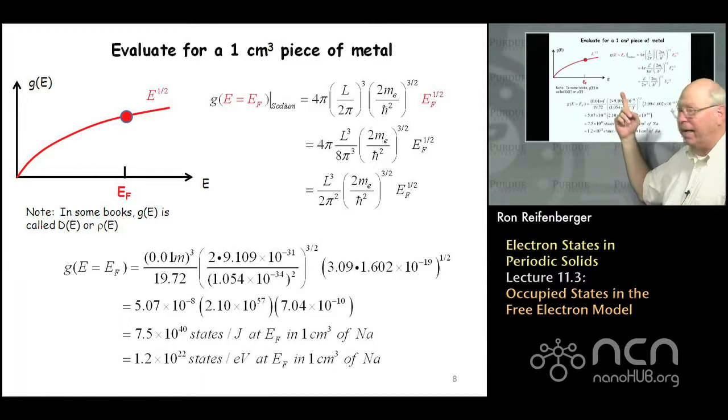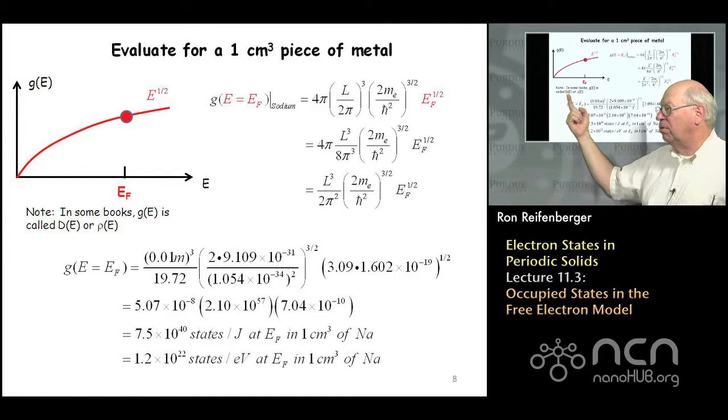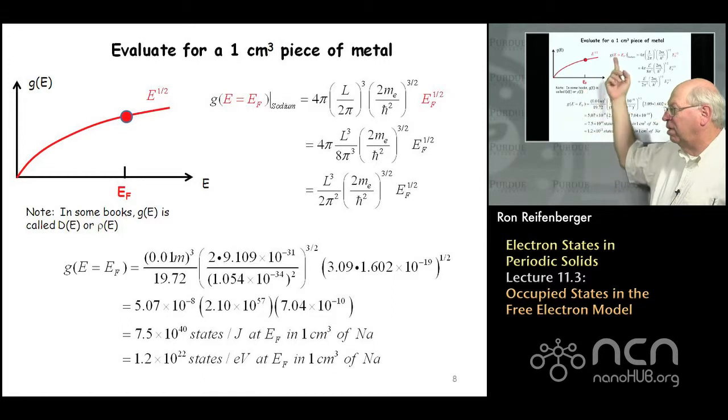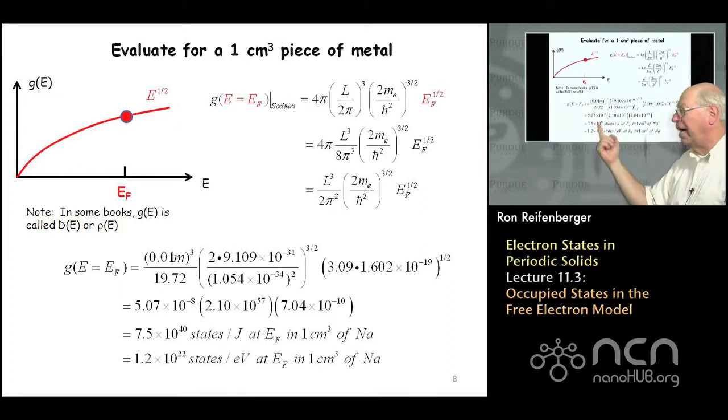I will say up front that this quantity G of E is represented by different symbols in different textbooks. Sometimes this is given the symbol capital D of E. Sometimes the symbol rho of E is used. So depending on which textbook you read, you maybe have to transform my notation, which uses G, for some of these other values. But here I go through the calculation.